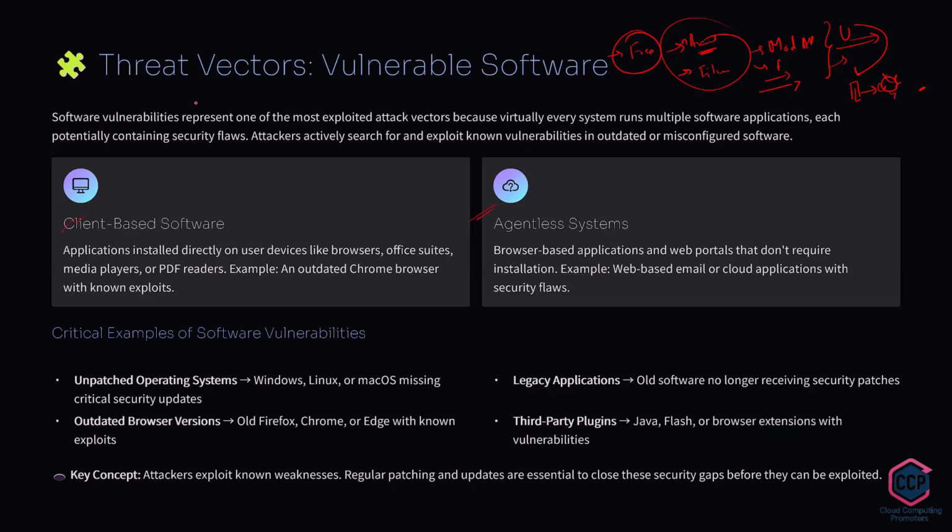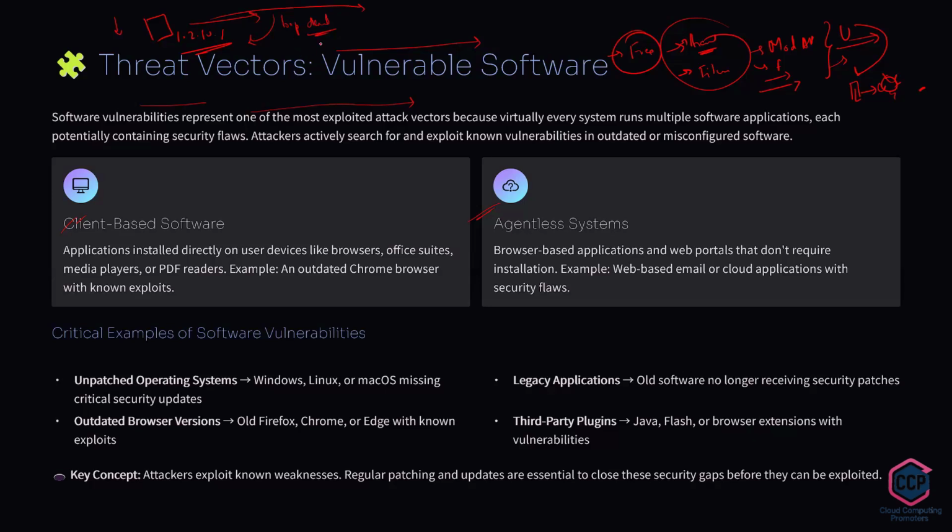Software vulnerabilities represent one of the most exploited attack vectors. What is a software vulnerability? We'll discuss it now in detail. Say a software is of version 1.2.10.1. You are not updating it, and this software has many vulnerabilities, meaning many loopholes made while developing.